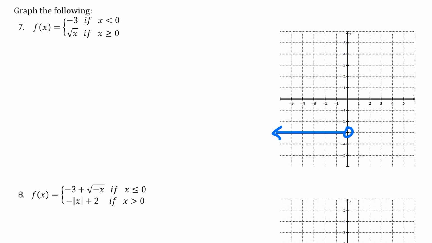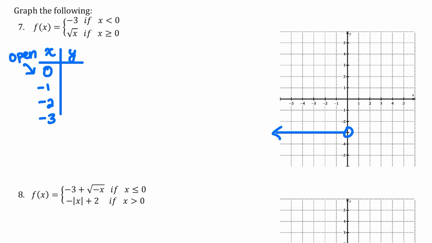What I like to do is I like to make tables of values. So I have x and y. Since we're saying x is less than 0, I'm going to use 0 as my first x value and then just start plugging in numbers that are less than 0. However, we need to make sure that we understand that that's going to be an open circle because it's strictly less than 0.